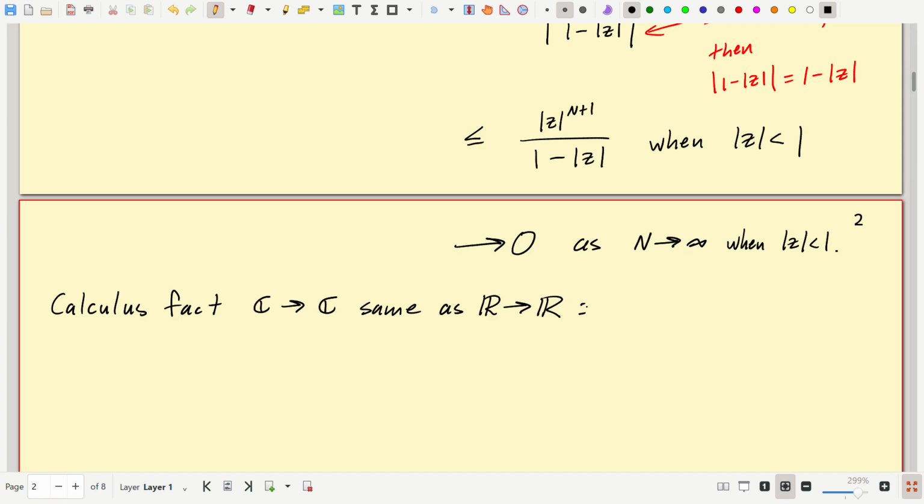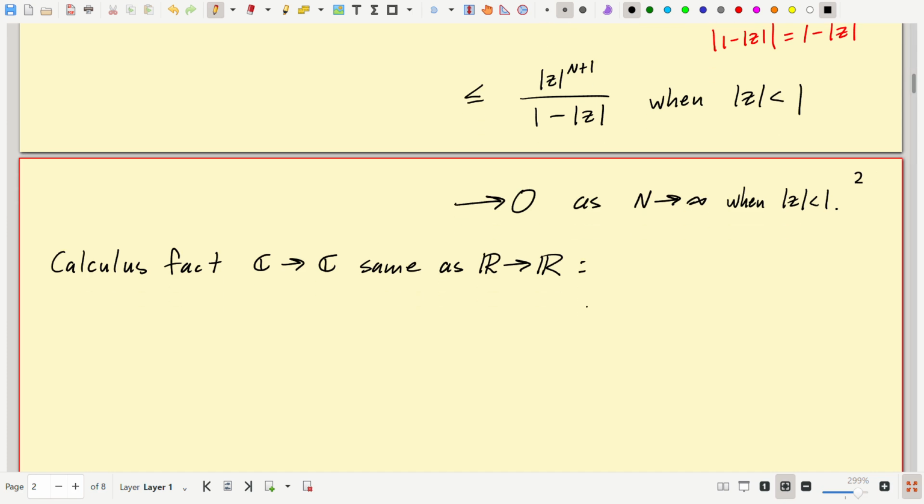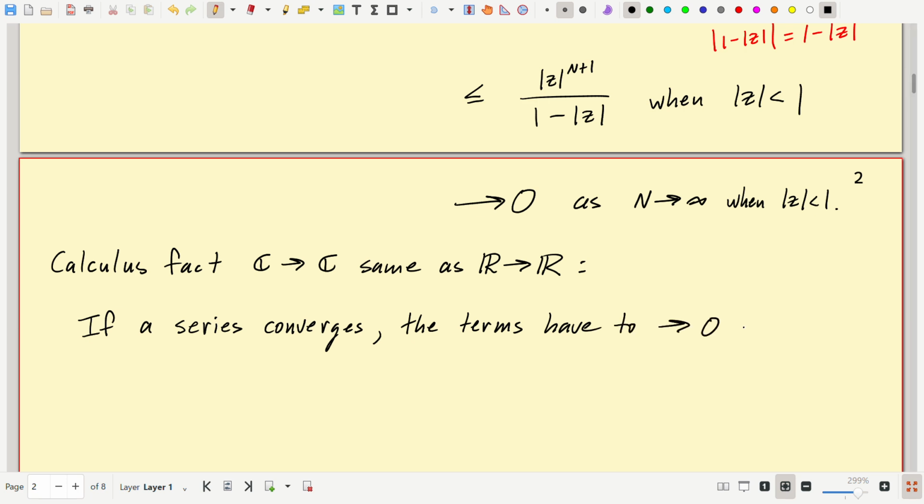If a series of complex numbers converges, then the terms have to go to 0 as n goes to infinity.